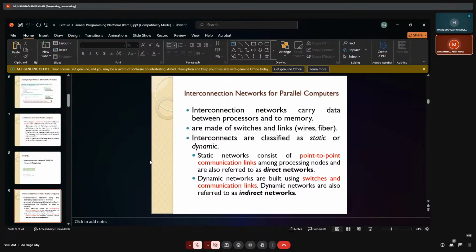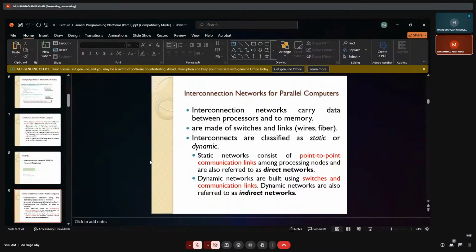Interconnection networks for parallel computers. Interconnection networks carry data between processors and to memory. These are the lines, the interconnections that connect processors, memory and caches. They are made of switches and links, wires and fiber. Interconnects are classified as static or dynamic.